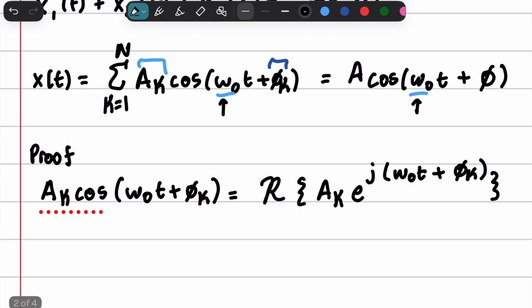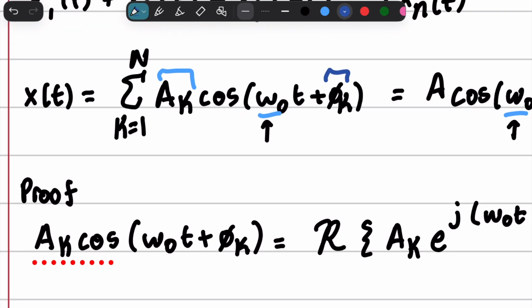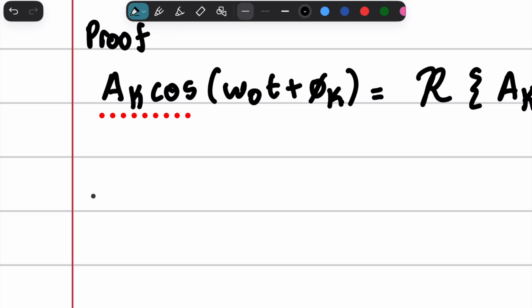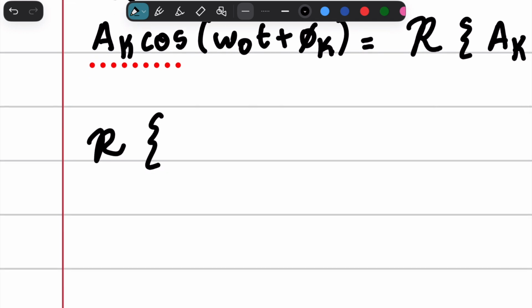And now we know that we have to sum all of those up, right? We have a bunch of a sub k's. So we're going to sum up all of the real parts in the frequency domain.